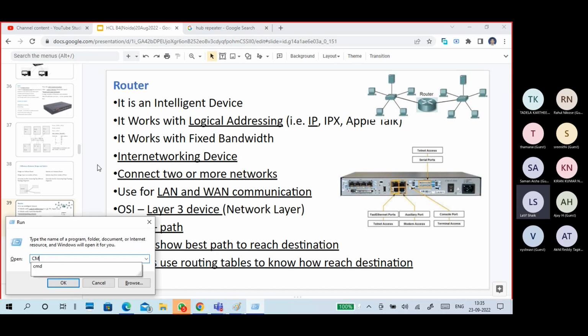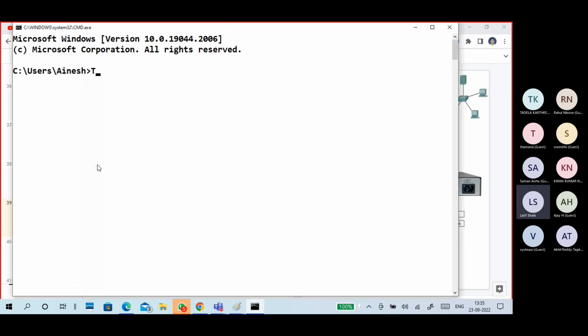I am showing one command, guys. Please type tracert google.com. So I have to reach google.com, right? But google.com is not in my home, not in my next home, not somewhere in Hyderabad or Andhra Pradesh or Delhi.